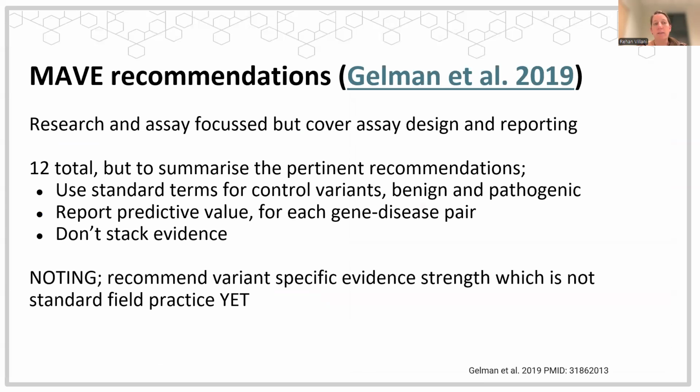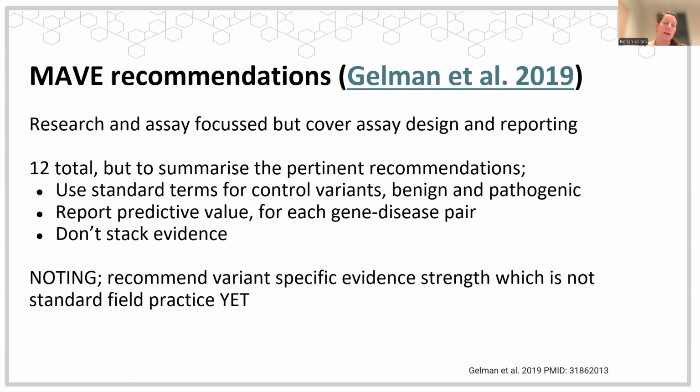I want to specifically point out some of the recommendations within Gelman 2019. While this paper is focused on research and assay design and development, it does cover assay design and reporting as well. There are 12 recommendations, but I want to point out these specifically pertinent ones. They recommend using standard terms for control variants, benign and pathogenic. They also suggest that you should report the predictive value for each gene disease pair for your assay.